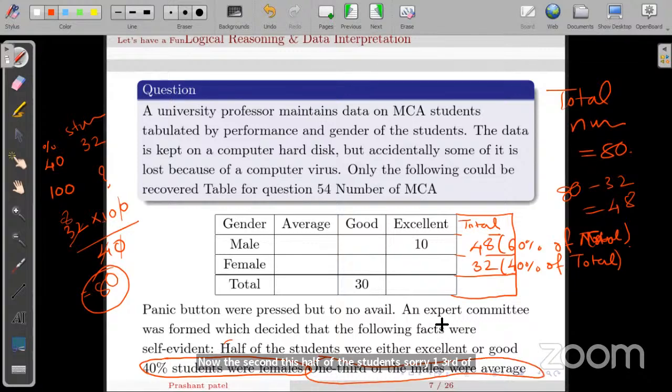That is also given. So how much will come here? 48 divided by 3, because the male students are 48, and 1/3 of that. So 48 divided by 3 gives me 16. So here we will get 16.